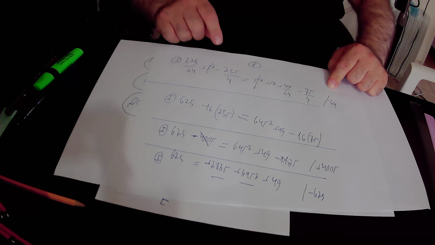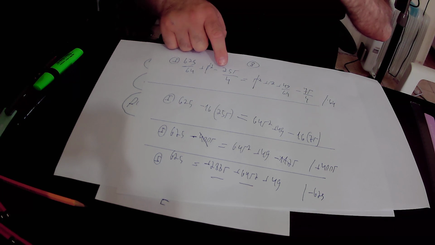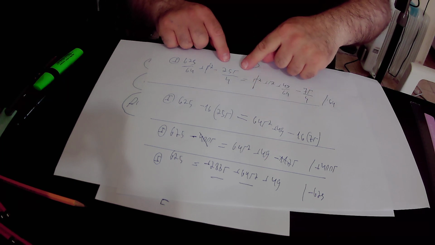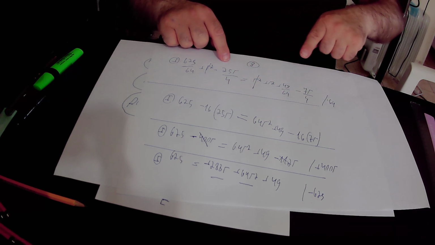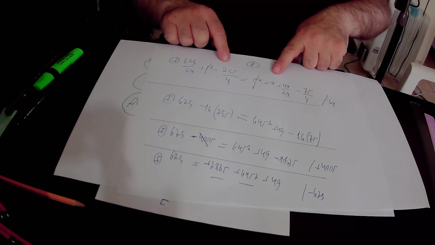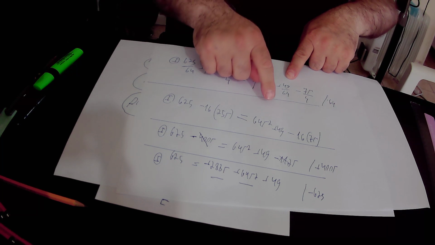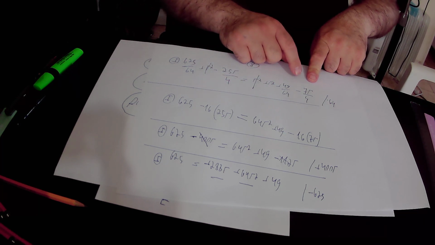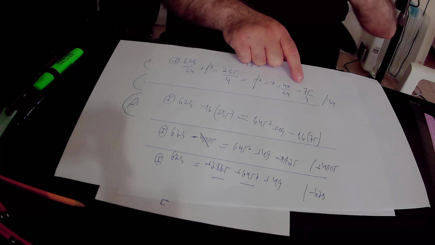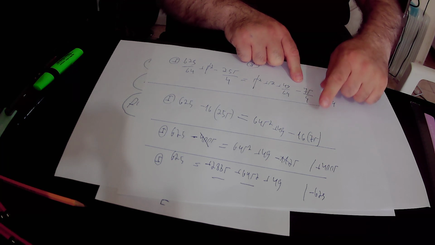And 64 over 4 is 16, so this expression equals minus 16 times 25r. And 49 times 64 over 64 is 49, and minus 64 over 4 is minus 16, so in conclusion, this expression equals minus 16 times 7r.